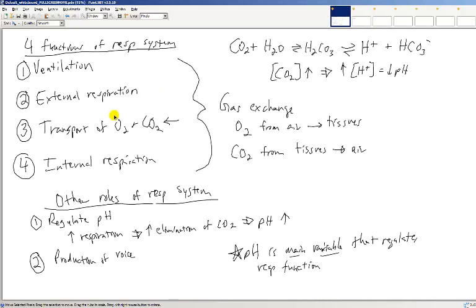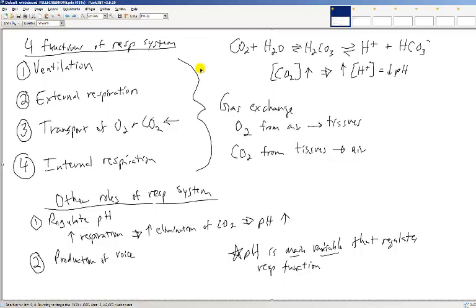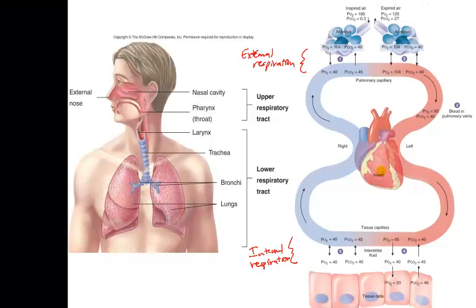There's one other actual set of structures that's necessary for respiratory function. So let's think about ventilation a little bit. How do you ventilate? How do you bring air in and out?